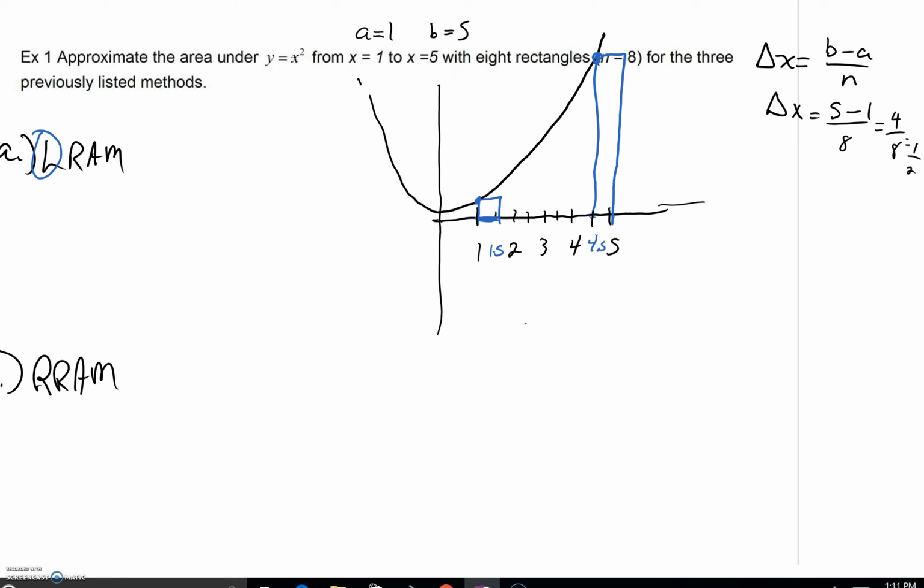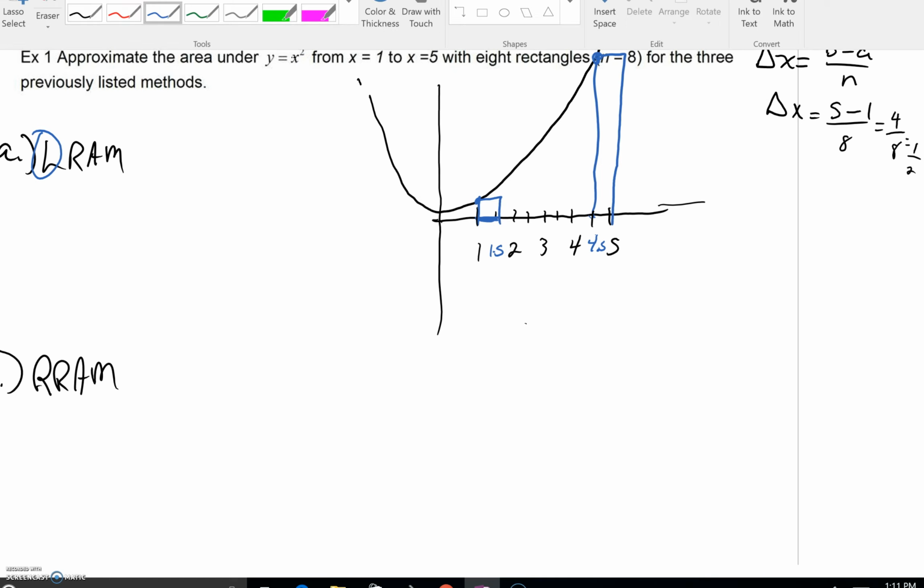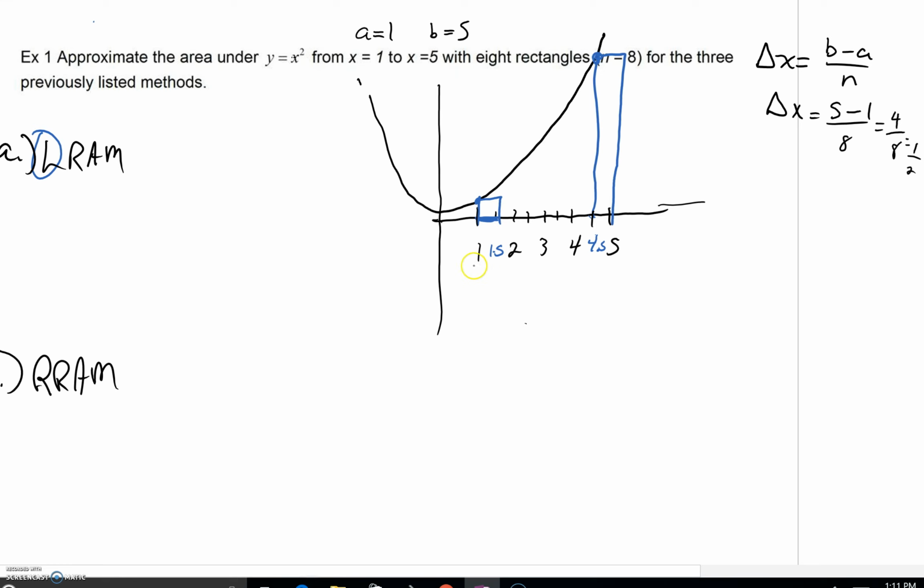When you draw a first and a last, I think that can really help you because you're going to realize that I'm starting with an x value of 1 for my height, and I'm ending with an x value of 4.5. That's very important to know, which x values I start and end with to determine heights.